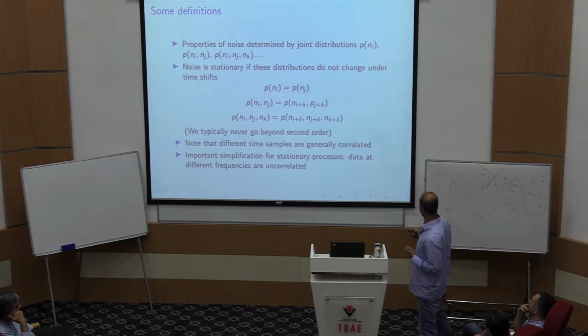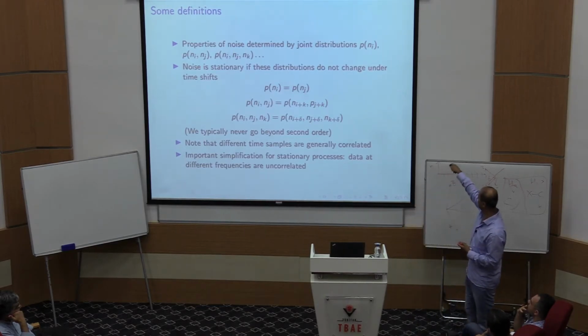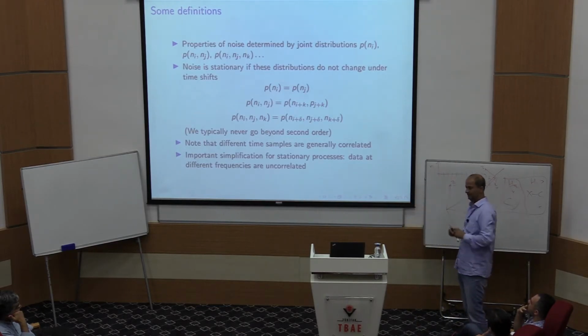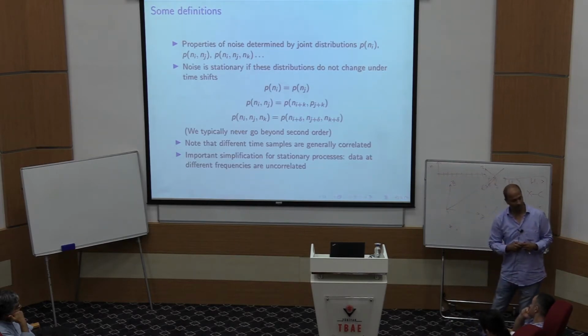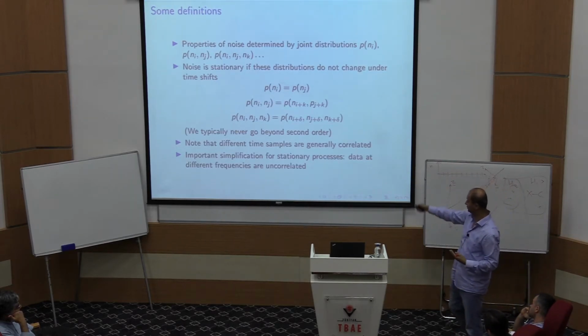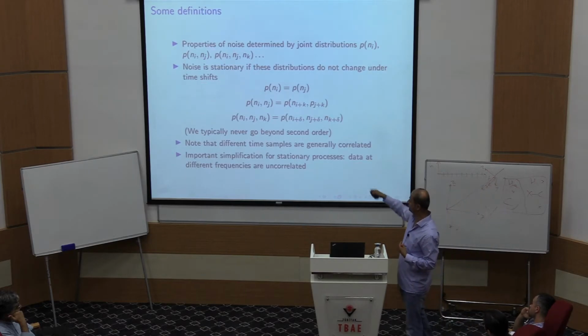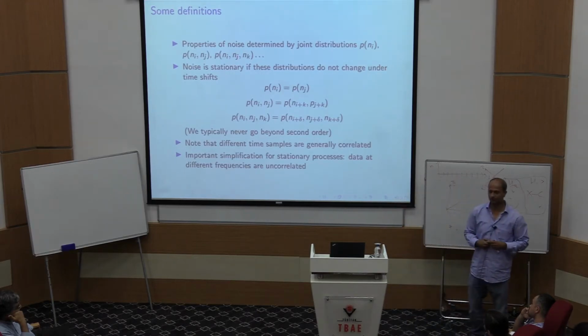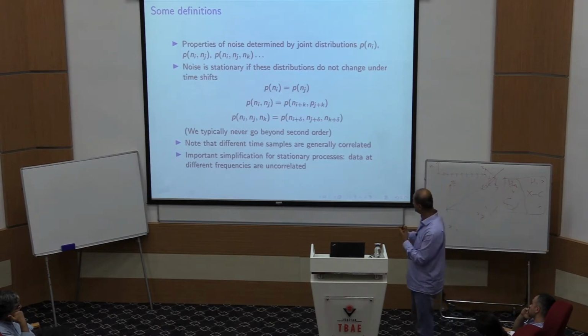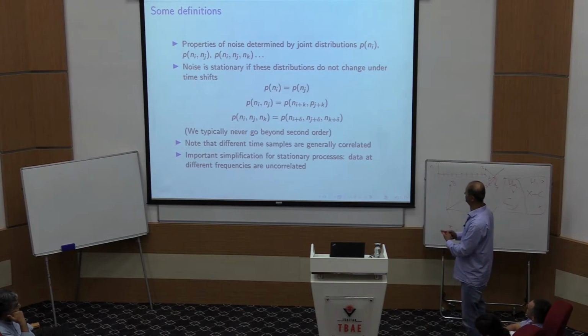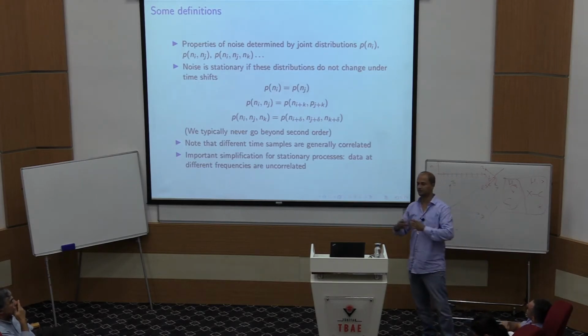So then what you have are the distributions of these Ni's. You can of course look at the distribution of each of these N's independently. You can also look at the joint distribution, the 2-point function, if you like, of Ni and Nj. You can look at the 3-point function, Ni, Nj, and Nk, and you can do as much as you want. Okay? So the first definition is that the noise is stationary if these distributions do not change under shifts in time.